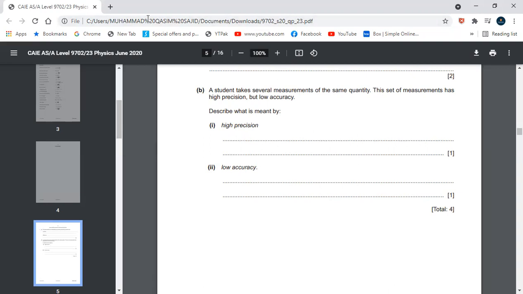So I have to write down that high precision means measurements have a small range.